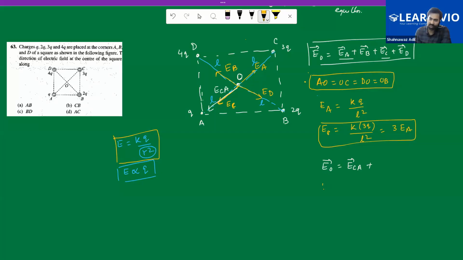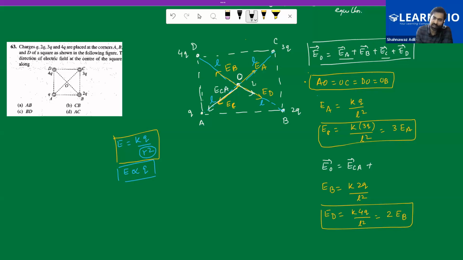Because EB is simply K2Q divided by L square, and ED is K4Q divided by L square. So this is 2 times EB, right? So the net electric field would be in this direction, that is EDB.